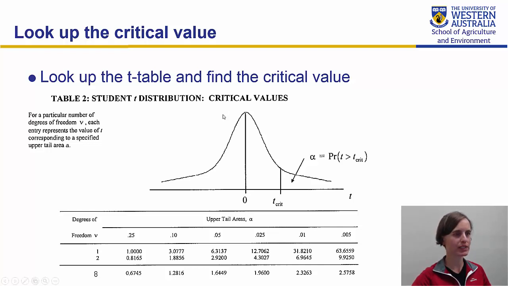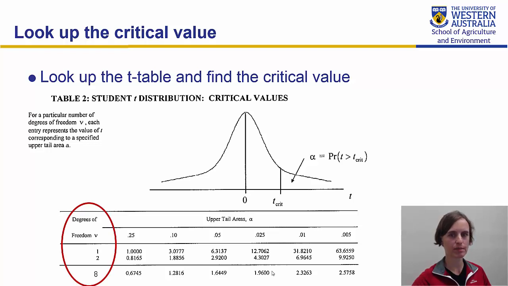Now I've copied a test table here. Say I'm interested in a one-tail test or a two-tail test. If I'm looking at a two-tail test, I divide that alpha value by 2. And these are degrees of freedom: 1, 2, 3, 4, 5, 6. This is infinity. If your sample is large enough, you can just use the critical values for infinity.